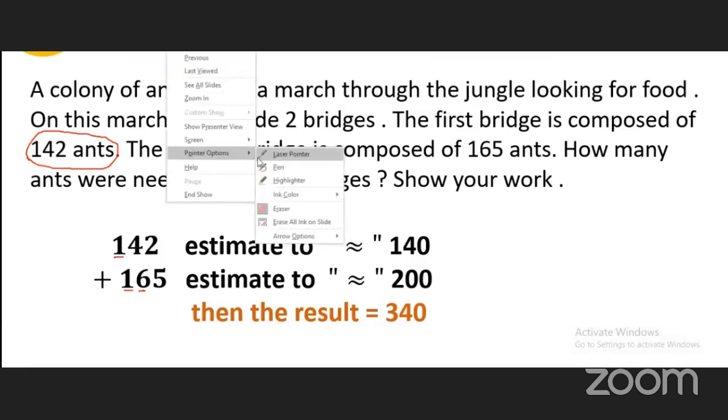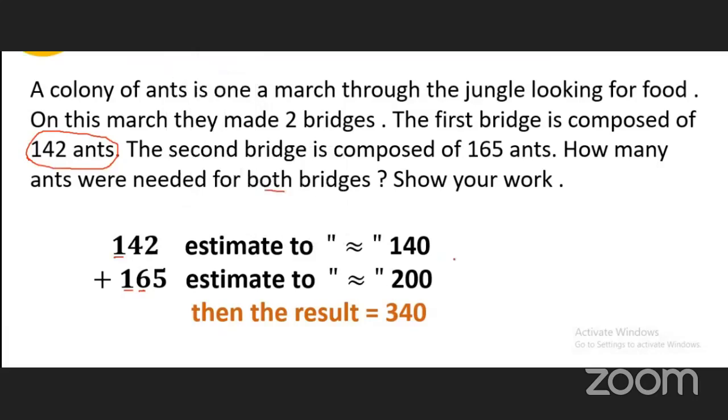So 140 plus 200, it will be 340. If you think about it, I will make it 140, 100 only, okay? Because I make rounding or estimation to the largest place value. Plus 100 also. Is it right? This is 200. Okay? Related to the largest place value.